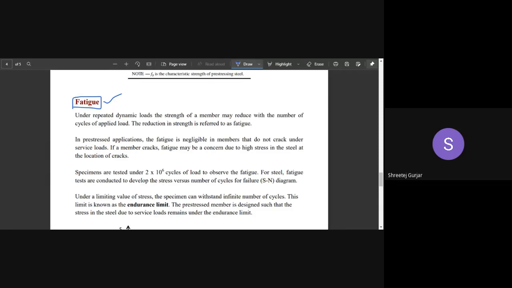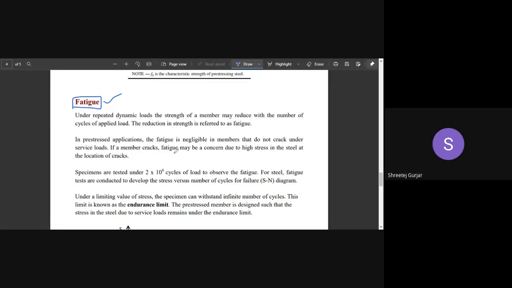Next point, specimens are tested under 2 into 10 power 6 cycles of load to observe fatigue. You can see 2 into 10 power 6 is equal to 2 million. So the specimen is tested for 2 million cycles of loading and unloading to observe fatigue. And what we do is we plot a curve called the SN curve, the SN diagram.